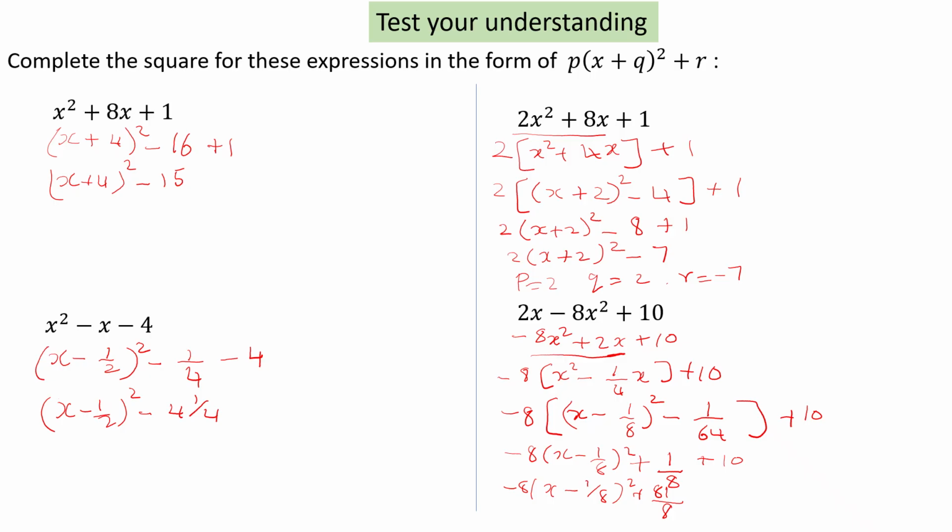So here p equals negative 8, q equals negative 1 over 8, r equals 81 over 8.